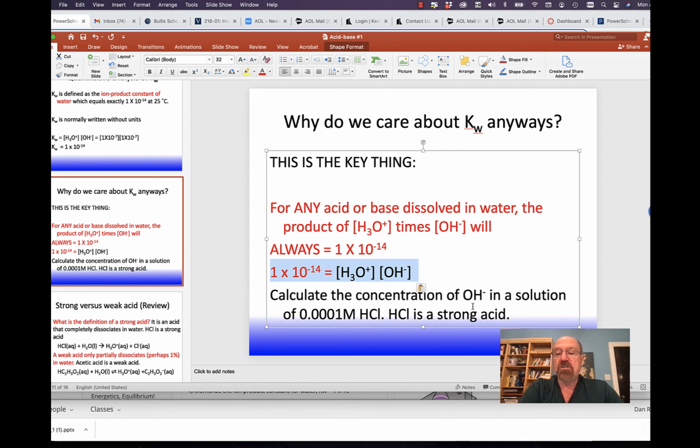So calculate the concentration of OH minus in solution. HCl is a strong acid. That means that the concentration of hydronium ions is going to be 0.0001 molar. So if we put that in here, 0.0001 molar, and now we solve for OH, all we do is take 1 times 10 to the minus 14 and divide it by 1 times 10 to the minus 4.